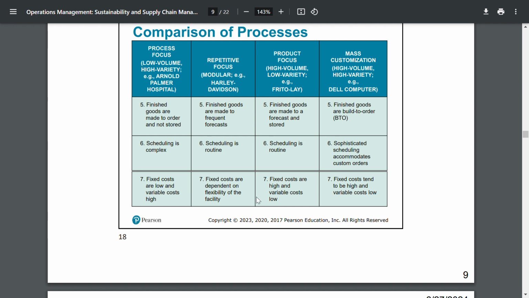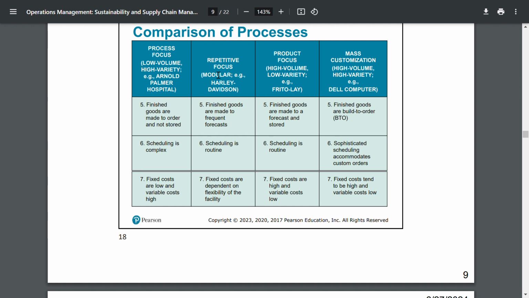So as for the costs, for the product focus and mass customization, the costs are usually fixed since it's high volume, so we can predict the costs. As for the repetitive focus, it depends on the flexibility of the facility and also the forecast and stuff like that.